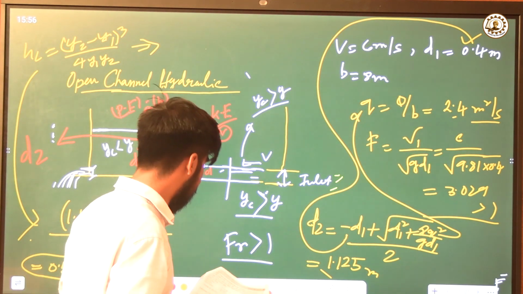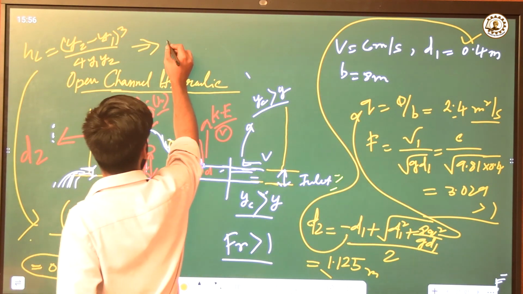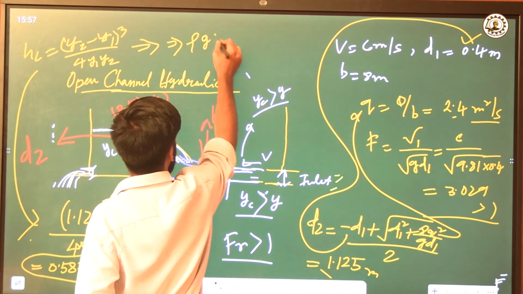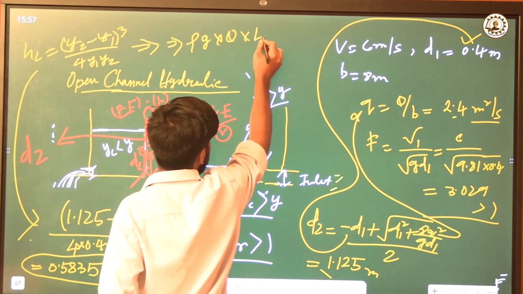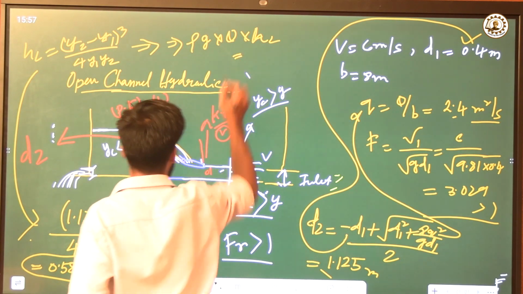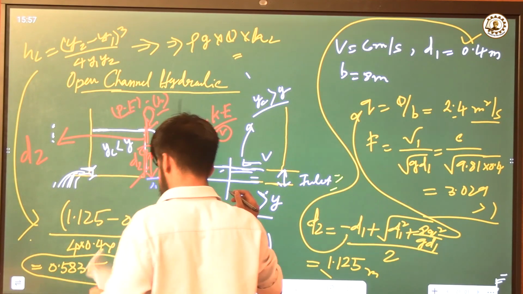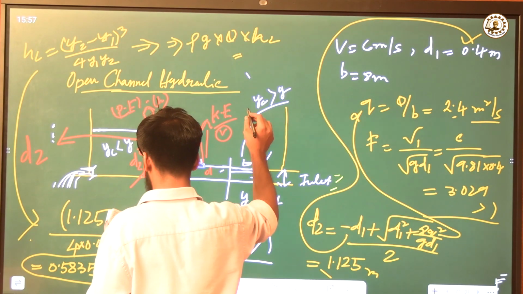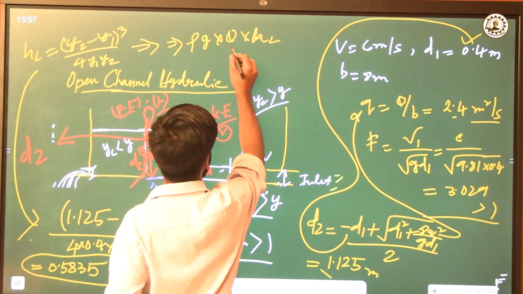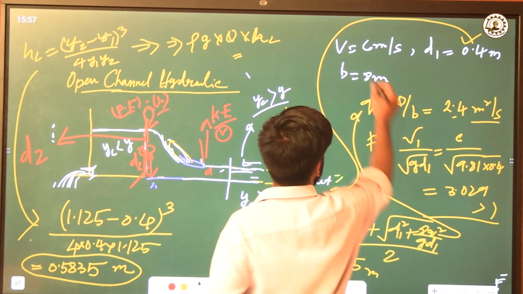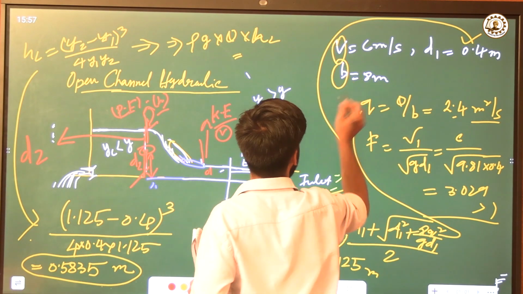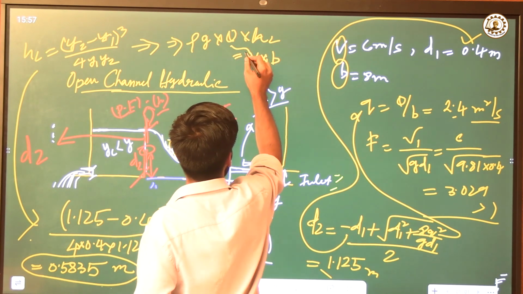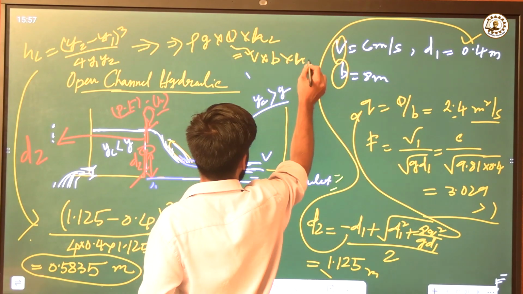Now the last question is, they ask the power loss. The power loss law is rho g into Q into the head loss. This is the power loss. Now we can have Q, which is given by V into B, and then Q into HL.